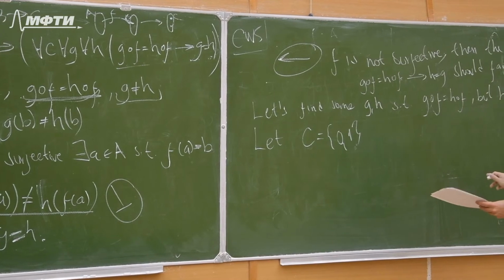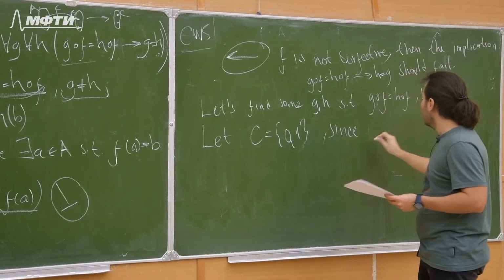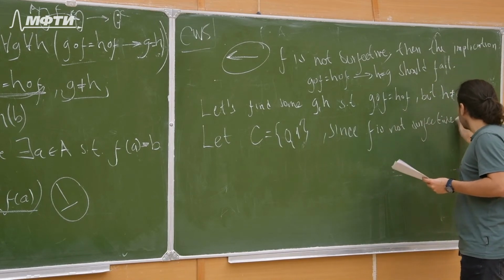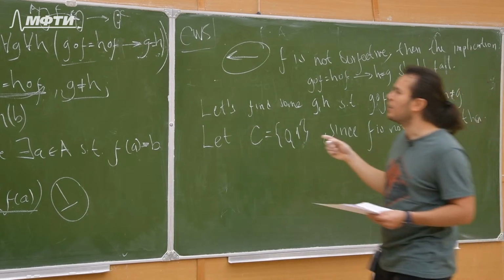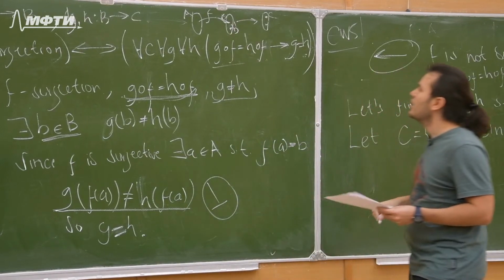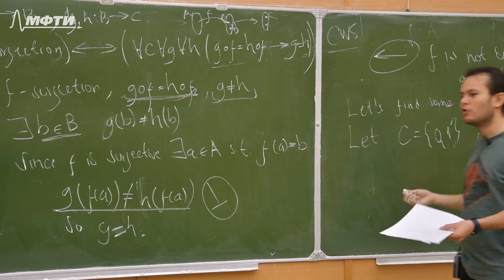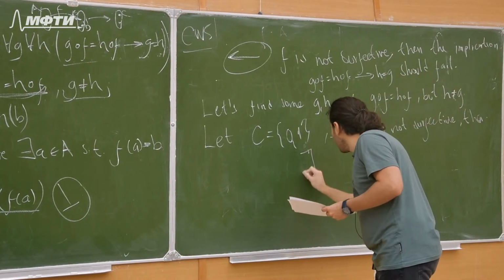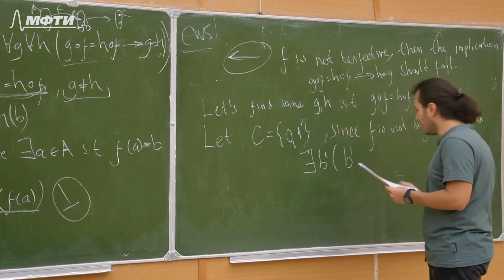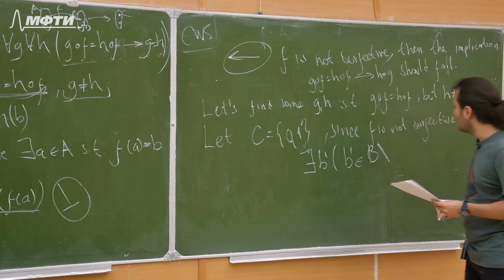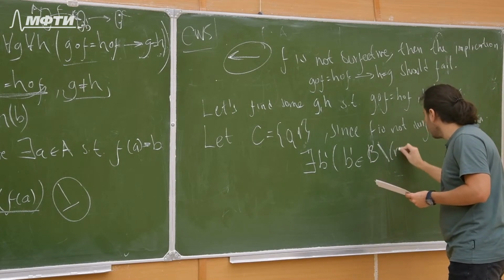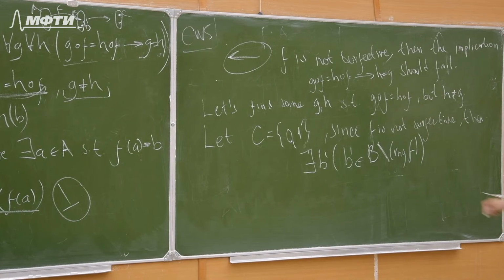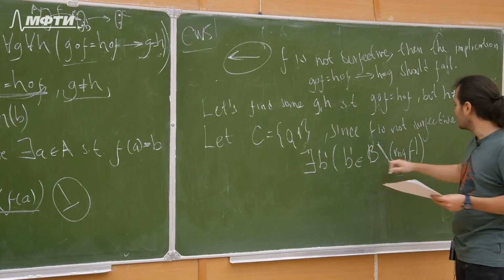Okay, and now since F is not surjective, then it means that there exists some B prime in B such that it doesn't belong to the relation F. Okay, so there exists some B prime such that B prime belongs to B minus the range of F. Okay, so the range of F is not the set B completely because F is not surjective.